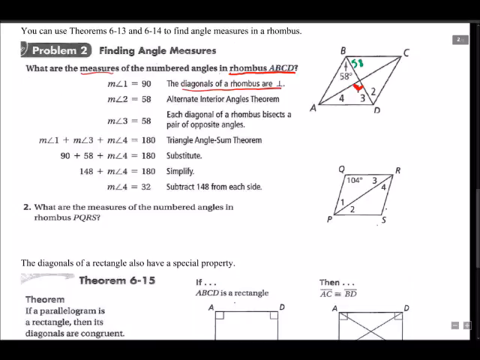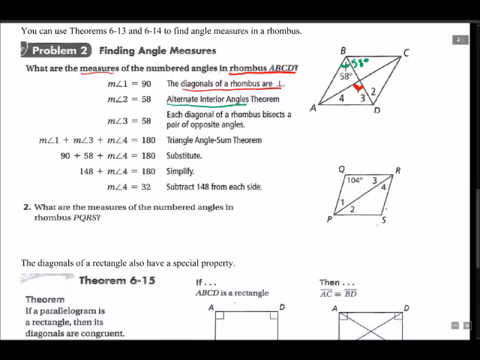So I can make that one 58 degrees. Right? But what else do we know about rhombuses? Rhombuses are parallelograms, so your opposite angles are congruent. We also have alternate interior angles, which is hugely, hugely useful with parallelograms.